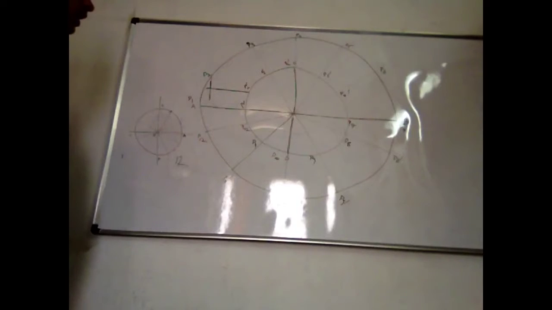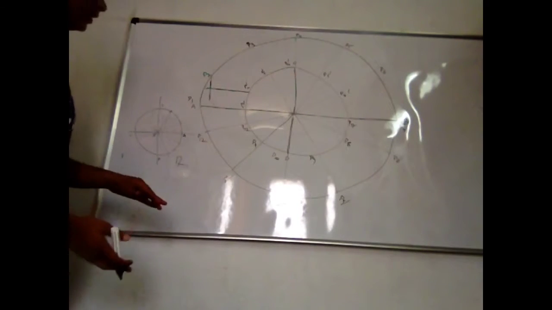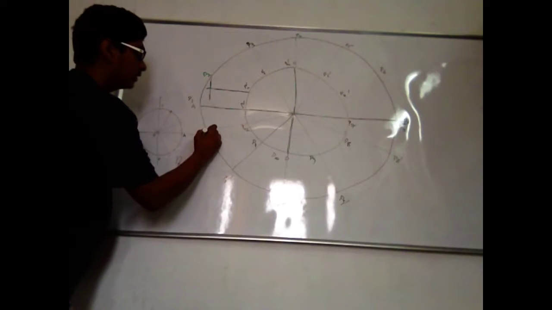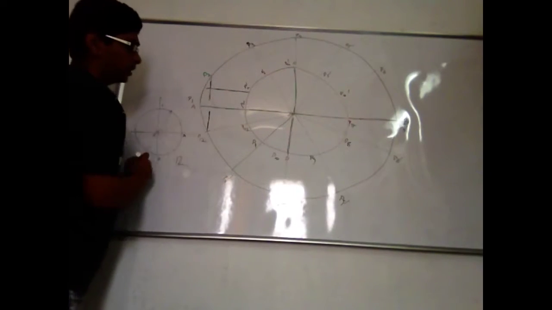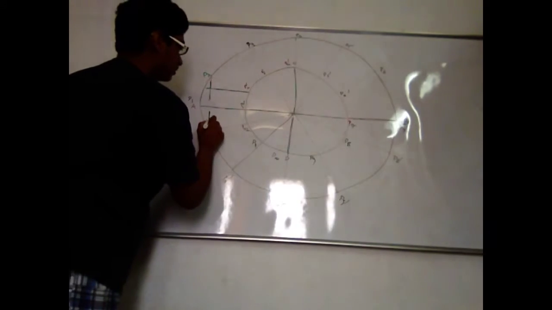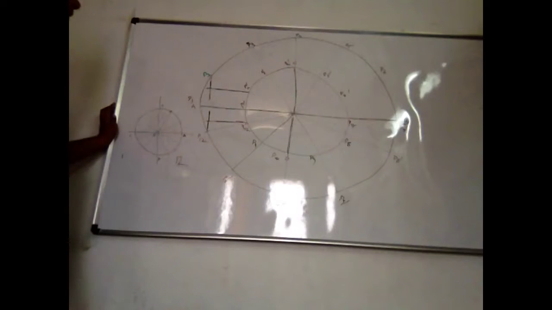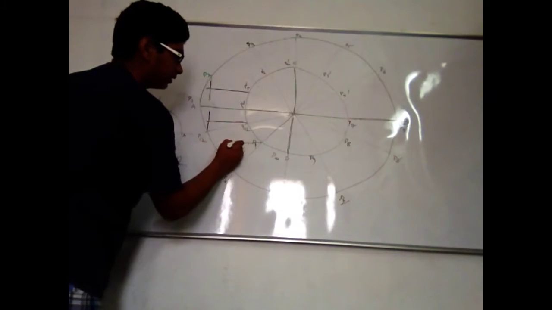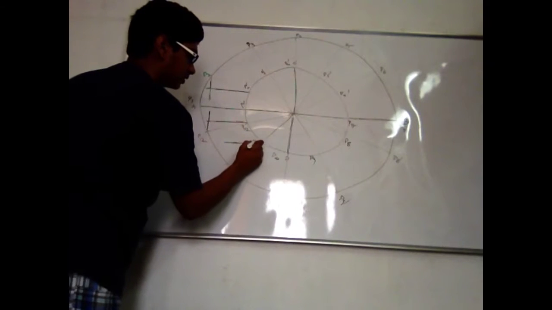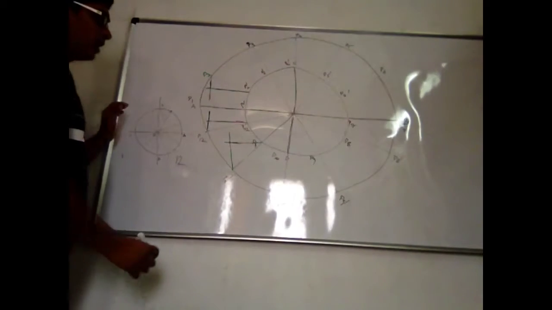And now here in the lower part, the vertical line goes up from P12 and the horizontal line from P12 dash. And again from P11 the same case, and P11 dash, the intersection.